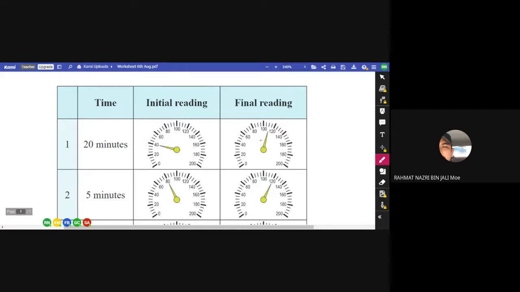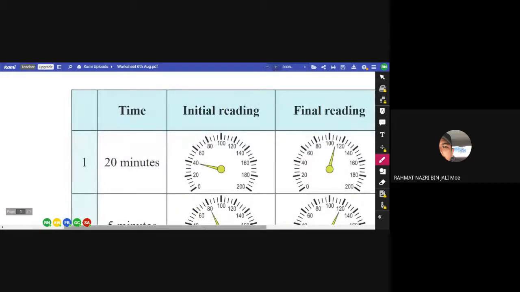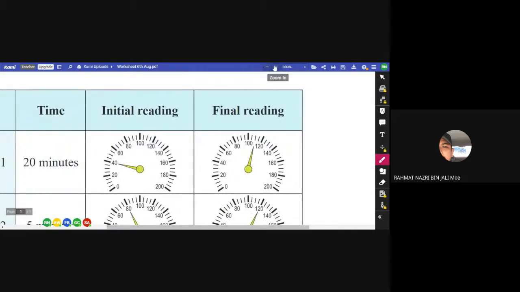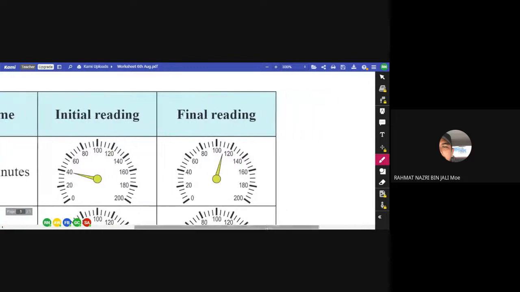Everybody copy the table below. Let me read this one. Ini berapa ni? Cuba baca. The final reading. We have how many marks in between 100 and 120? 1, 2, 3. So how many partitions? 1, 2, 3, 4.